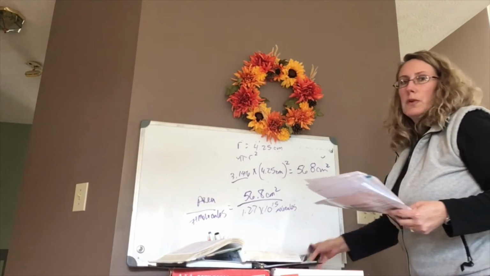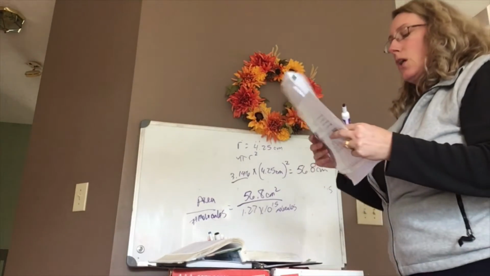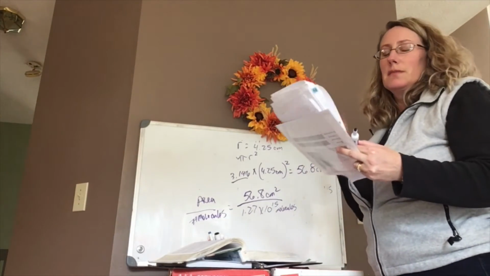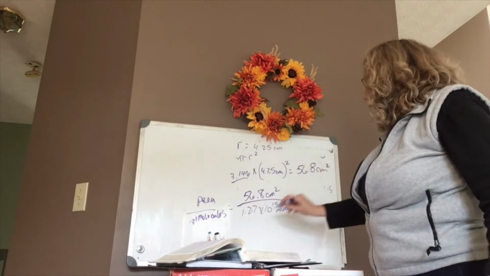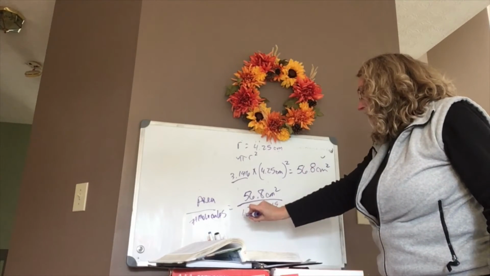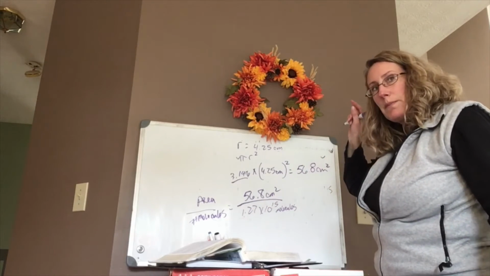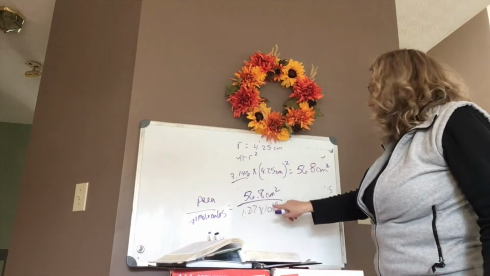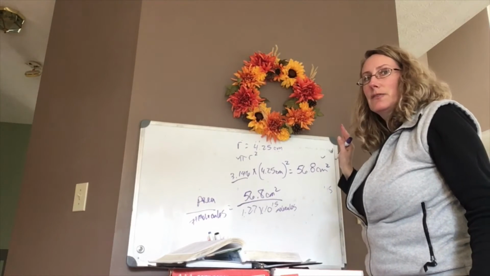So again, I hope you know how to use your times 10 to the, which might be an EE button, and then put in 15. Part of this is how do you use your calculator?